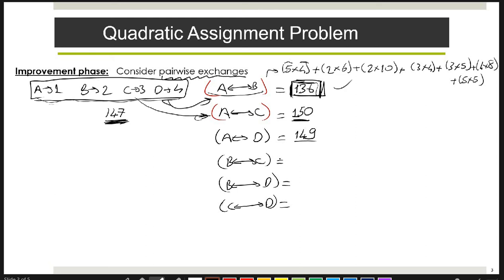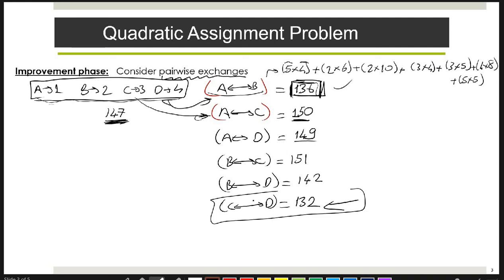If you replace B and C, it will be 151. B and D, it will be 142. And if you replace C and D, you will find 132. Which one will you prefer? Of course, the one with the minimum cost, which is this one.